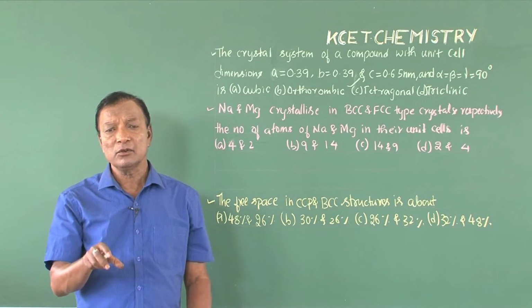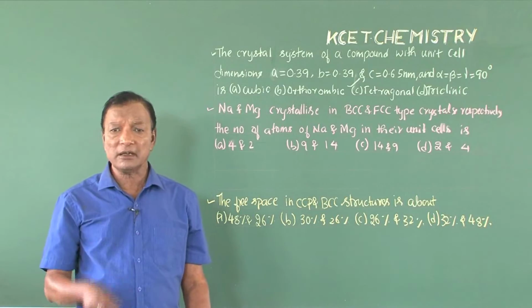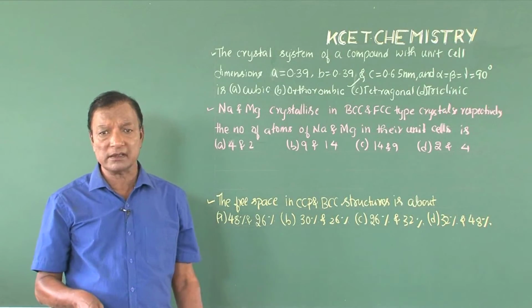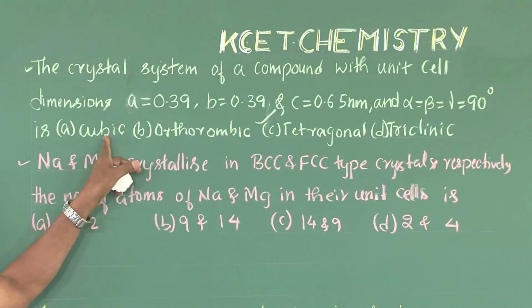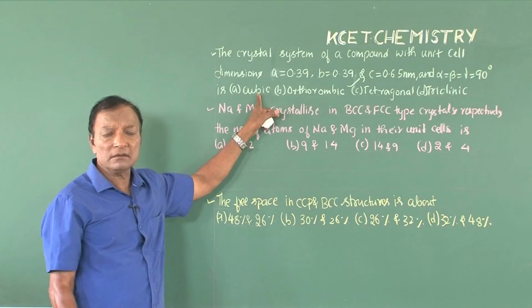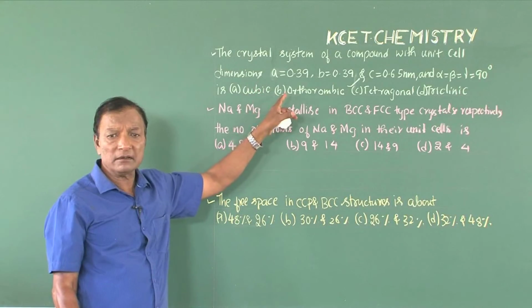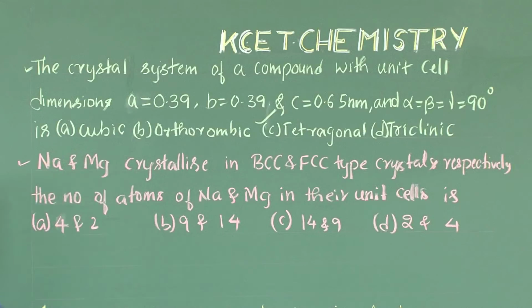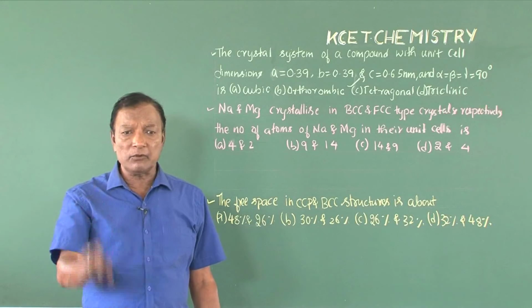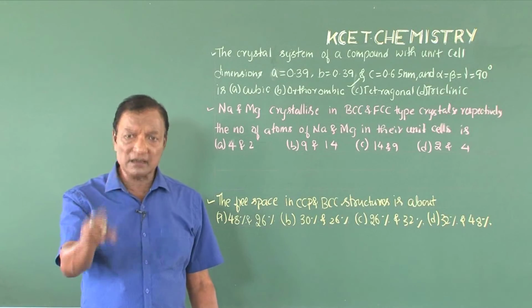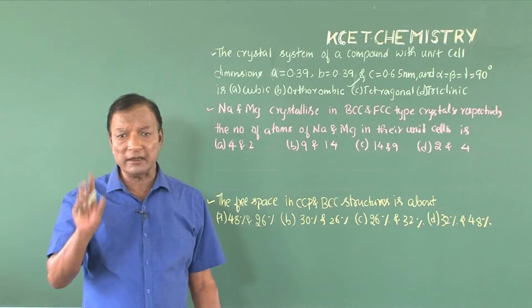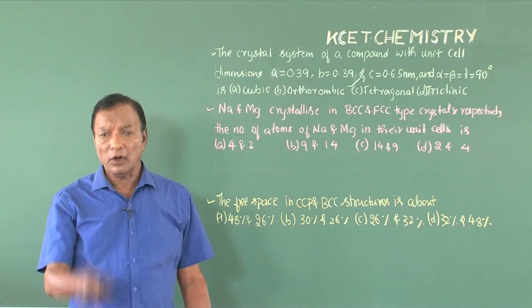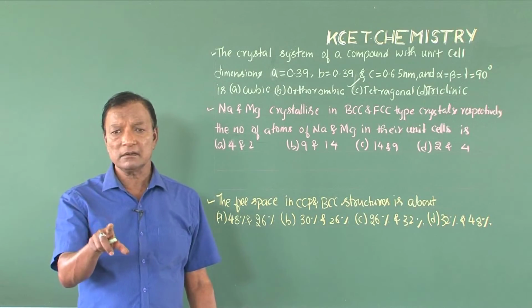And here one more information that I would like to pass on to you is about the cubic. Some are very simple to remember and carry on with further informations. Cubic is the one where we say all edges are equal and all angles are equal and equal to 90 degree. All edges, length, breadth, height equal.